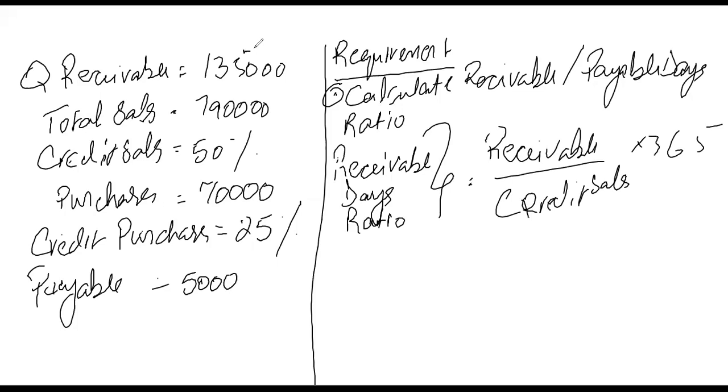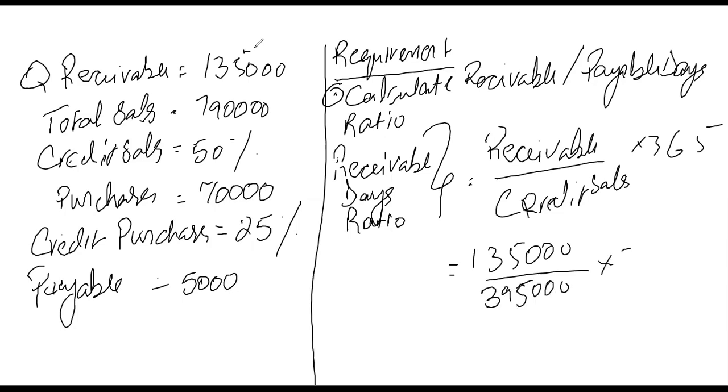I've been given a receivable amount of 1,35,000. The credit sales is 7,90,000 multiplied by 50%, that is 3,95,000.